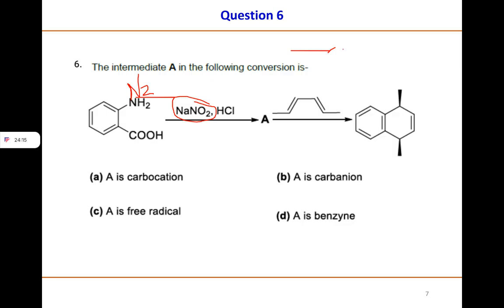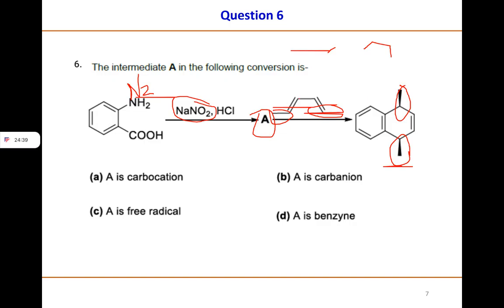Why benzyne? You can see here in the second step after getting A, in the final product you have these two methyl groups, right, which are here and here. So that means this is undergoing a cycloaddition reaction. The cycloaddition reaction is a 4+2 cycloaddition.